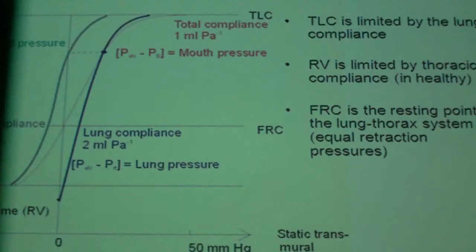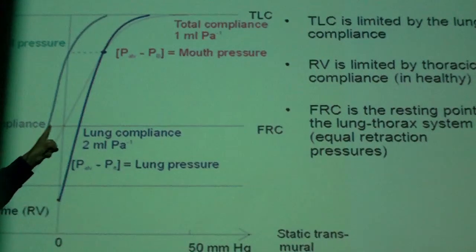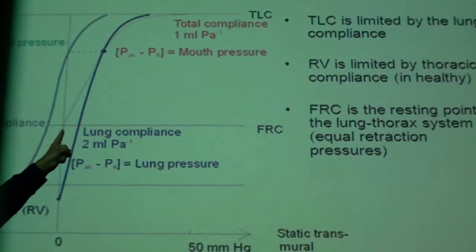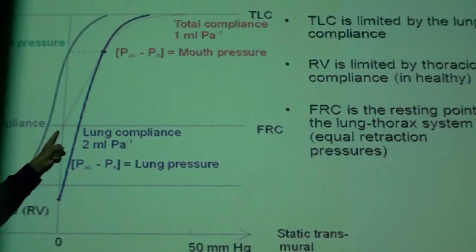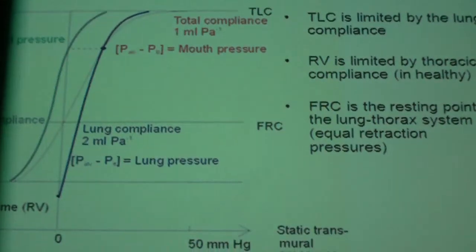Here, at functional residual capacity, what is it again? If we breathe normally and let everything go at the end of a normal expiration, and everything is in balance, with equal retraction of the chest wall and of the lung, then the pressure is 0, and that's where we have our functional residual capacity on that volume.